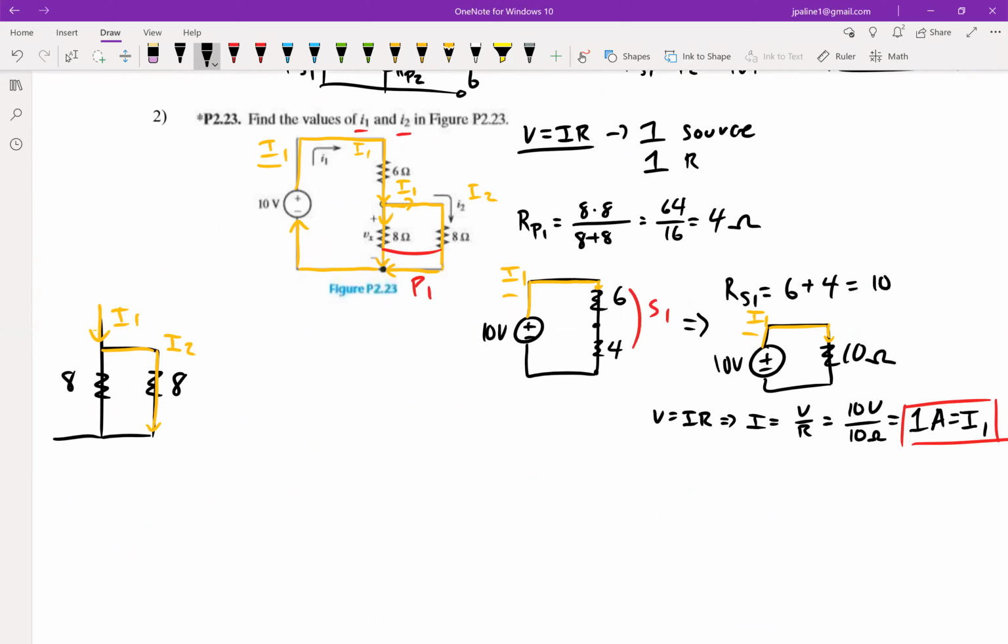Okay. So if we want to find what I2 is, let's see here. We actually have a couple options of what we want to do. We can either do voltage division or current division. But for this one, let's just stick with the current division since we already have that one set up.